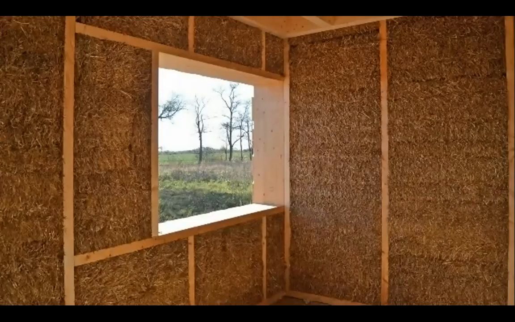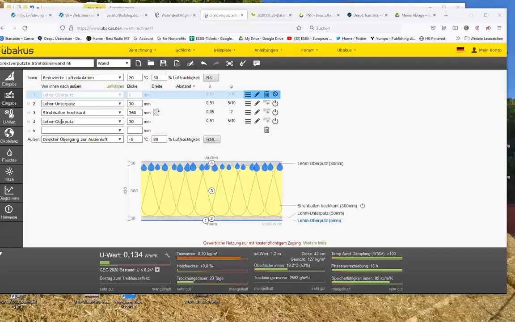Yeah, sure. So I will share the screen, and I have the same construction as you see: 30 millimeter clay plaster, the straw bale with 360 millimeter, and again a clay plaster. Now, the usual thing which you see when you make it in Ubakus is you have water here, condensation.